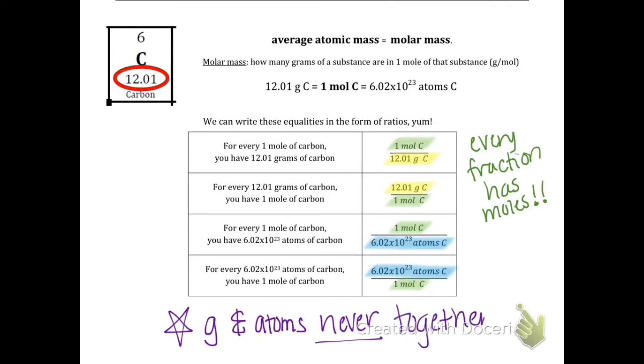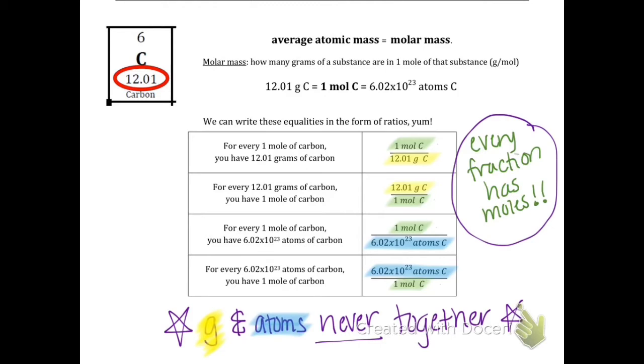They're always going to be with a green color, never together. So once again, that's a very important note here. Grams and atoms, right, are never going to be together. It always has to be coupled with moles. So that's why you see here that every fraction has moles. Okay, here, here, here, and here.